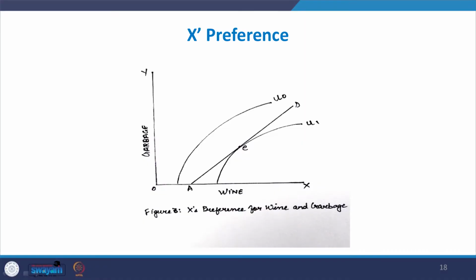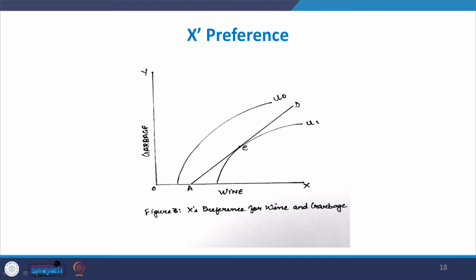The X indifference curves U0 and U1 clearly indicate that the higher the indifference curve, the higher the level of satisfaction, and here E1 is the optimum point where the consumer is consuming the optimum quantity of garbage and wine.